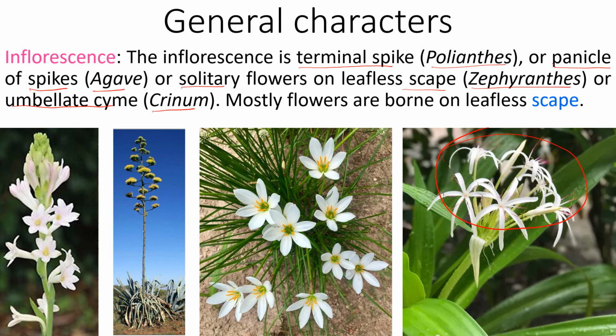Mostly the flowers are borne on a leafless scape. Now this scape structure can be shown with the help of this diagram. This structure is holding the flower, which is a delicate green leafless structure, and this structure is called scape.